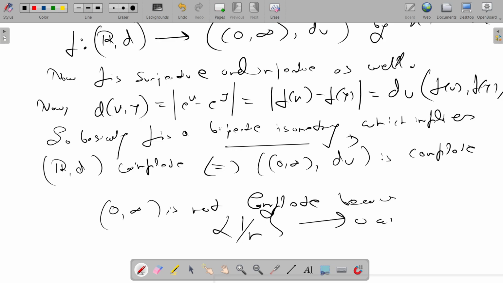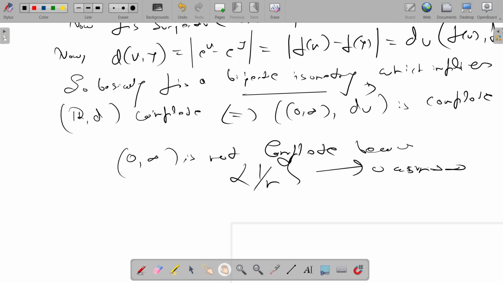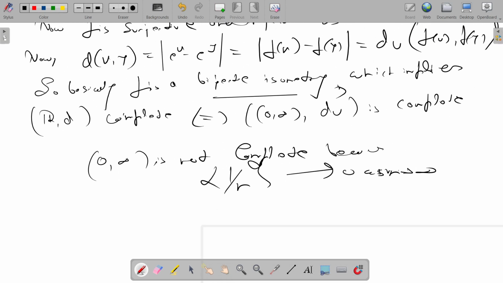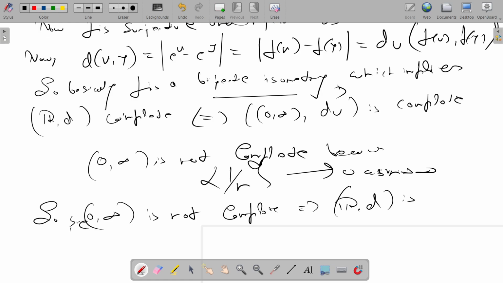This converges to 0 as n tends to infinity, and 0 doesn't belong to the set, so it's not complete. So since 0 to infinity is not complete, which implies R comma d is not complete.